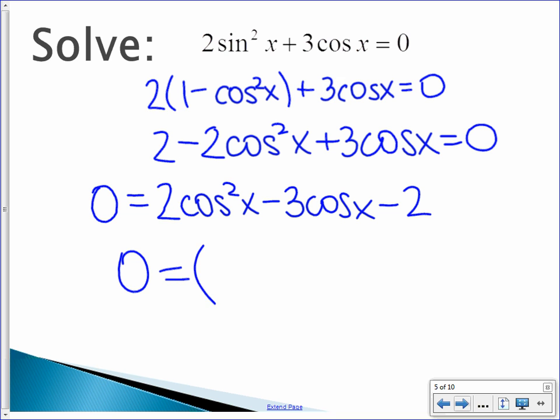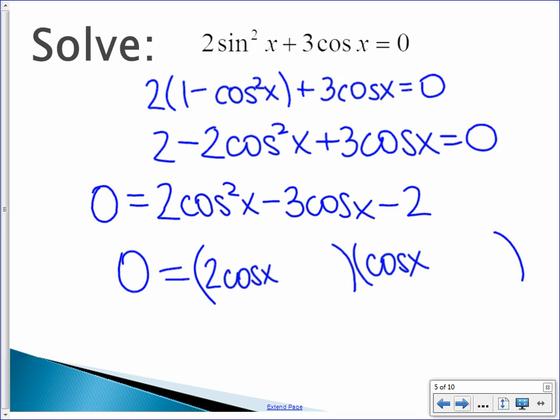Now we have a trinomial that equals 0, so we need to factor. Okay, so this is what you practiced the other day. If you need to go off to the side and write these as C's, you are more than welcome to. But I know to make 2 cosine squared, we're going to have a 2 cosine x times a cosine x. I know to make negative 2, we're going to have 1 times 2.